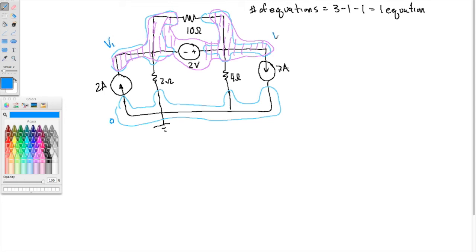And the voltage here, V2, is 2 volts higher than the voltage at V1 because of the voltage source there. So this is V1 plus 2 volts. So whenever we use the voltage here, we're not going to use V2, we're going to use V1 plus 2 volts. Alright, and now let's label and guess the currents. Say this is I1, this is I2, and this is I3.